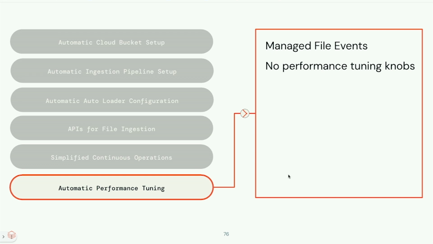Of course, if you have a challenging workload that requires careful manual tuning, then probably base Auto Loader is still your best choice. We don't want to promise that we're going to solve all the performance problems magically.